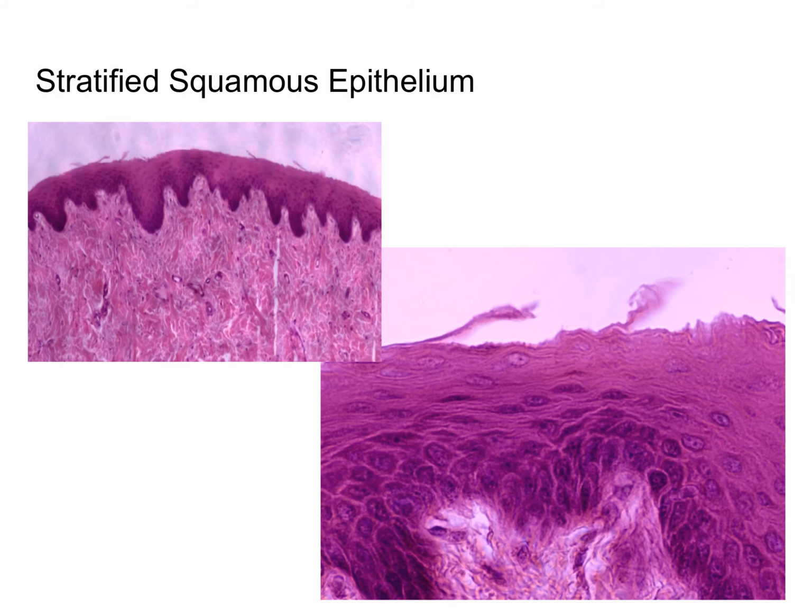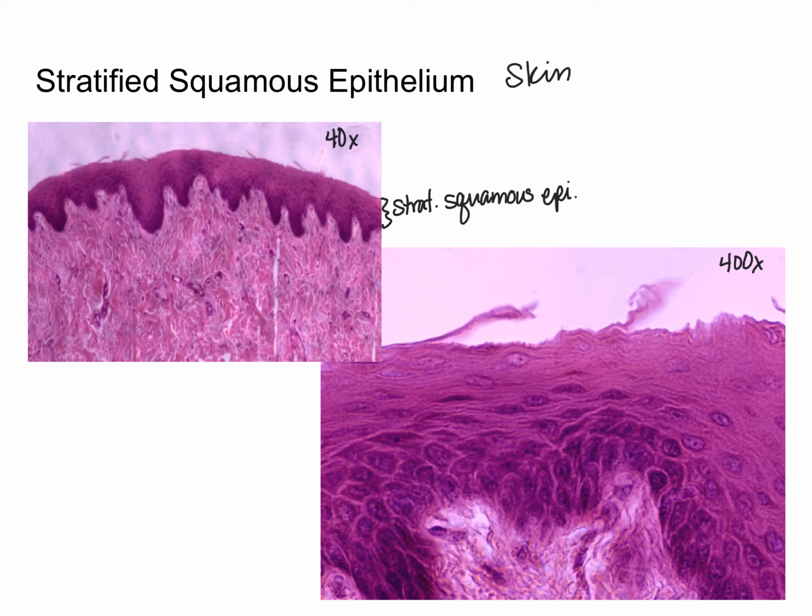These pictures are showing you the skin. And so what we're looking at is stratified squamous epithelium laying on a layer of connective tissue. So this picture up here, I believe, is looking at it with a 40x magnification, and this one would be 400x. So looking at the 40x magnification, this dark purple area here would be the stratified squamous epithelium.